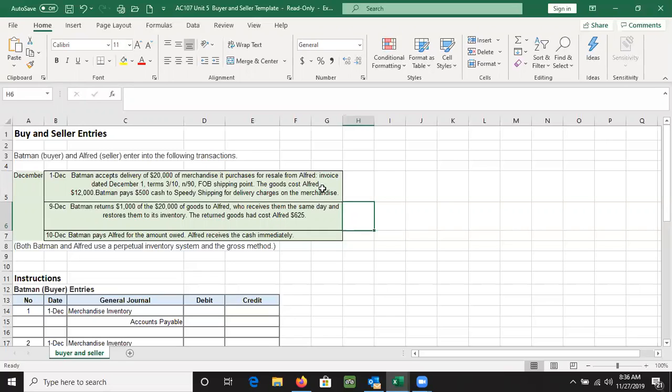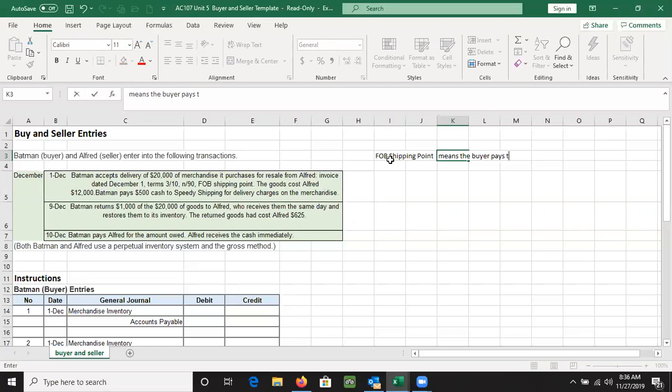Now, FOB shipping point, you have two FOBs. FOB stands for freight on board. FOB shipping point means the buyer pays the shipping. There's another one, FOB destination. That means the seller pays the shipping.